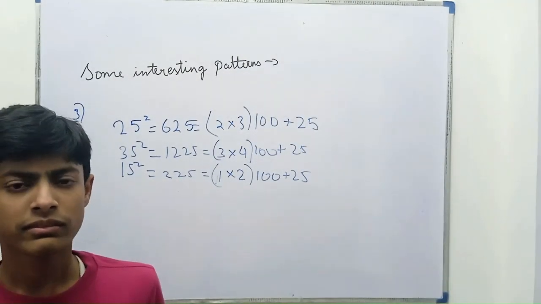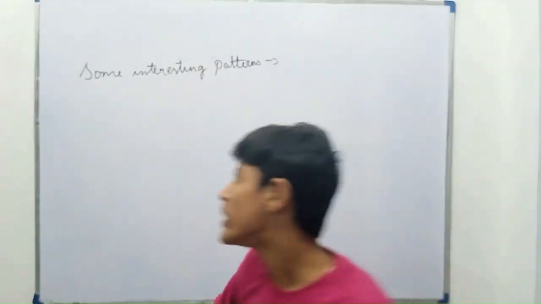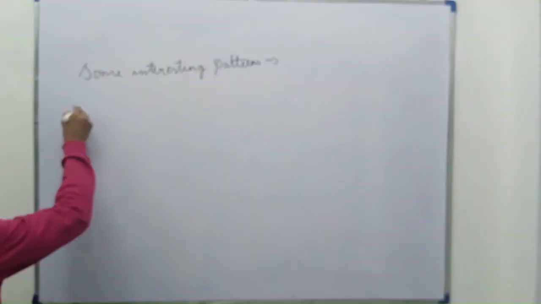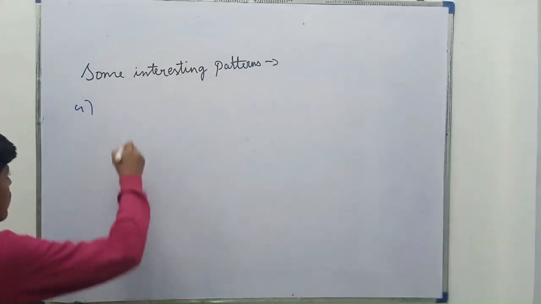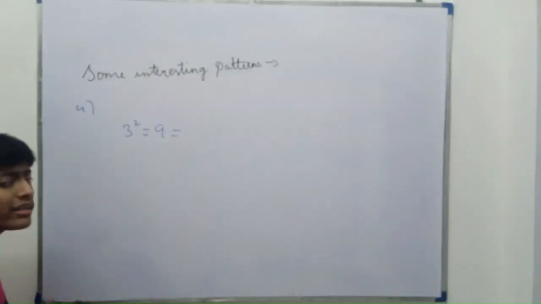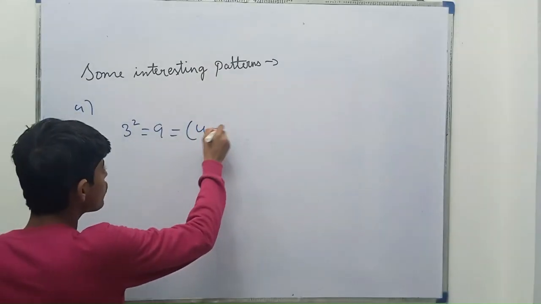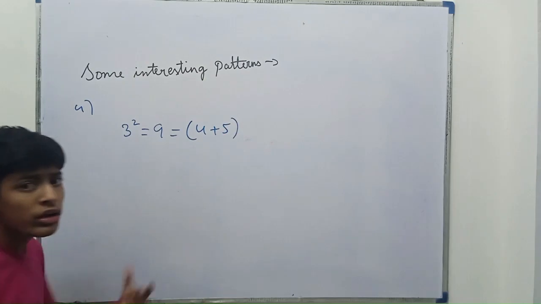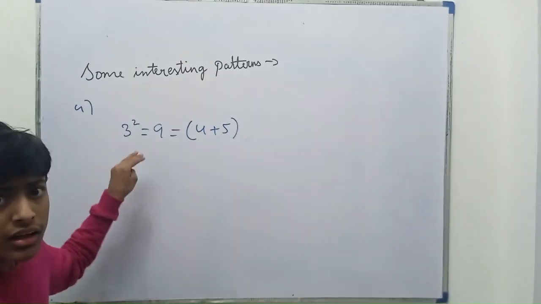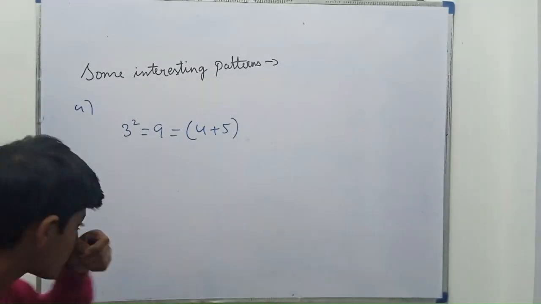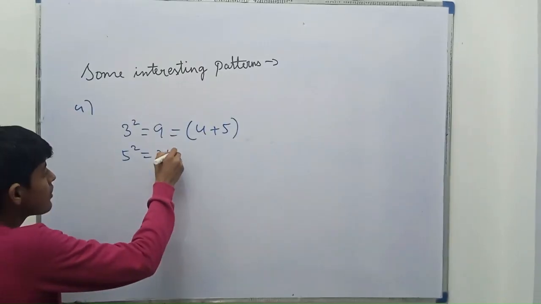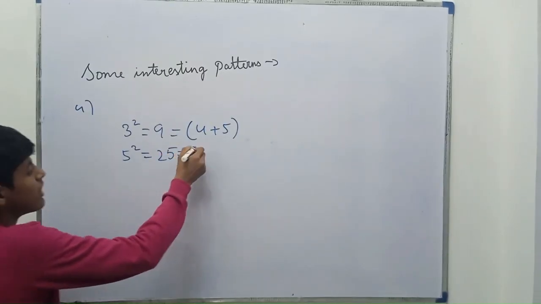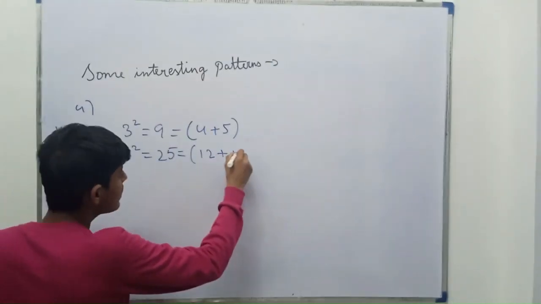Now guys, the fourth interesting pattern is that if we take the square of an odd number, like the square of 3, which is 9, we can write 9 as 4 plus 5. So the addition of two consecutive numbers will give us the square of an odd number. Like 5 squared is 25, we can take 12 plus 13.